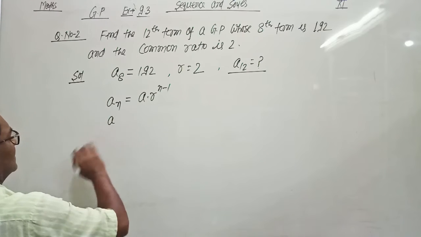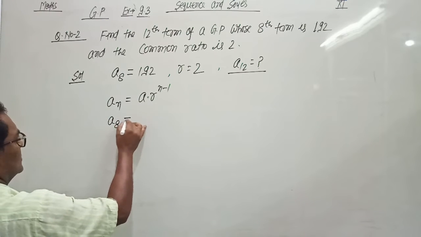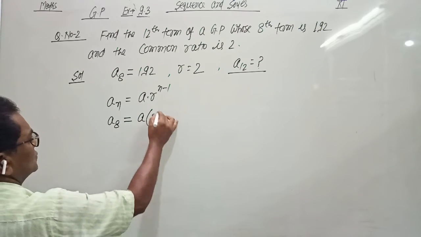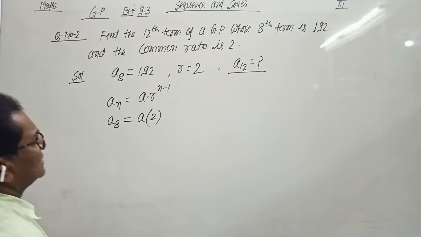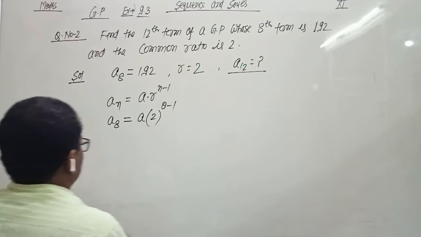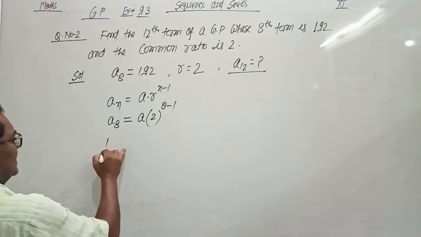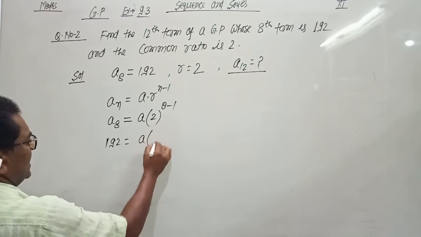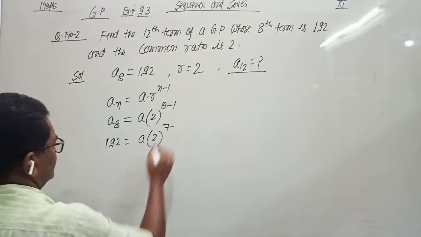So a8 equals a into, the value of r is 2 and the value of n is 8, 8 minus 1. And a8 is given 192 equals a into 2 raised to the power 7.